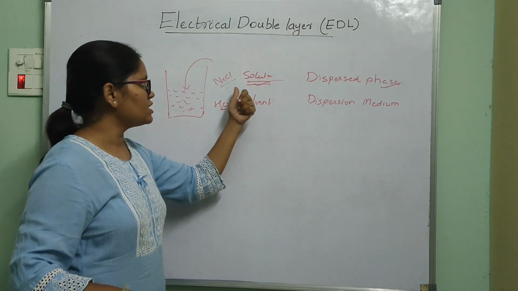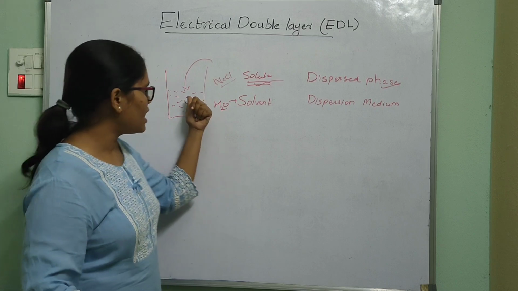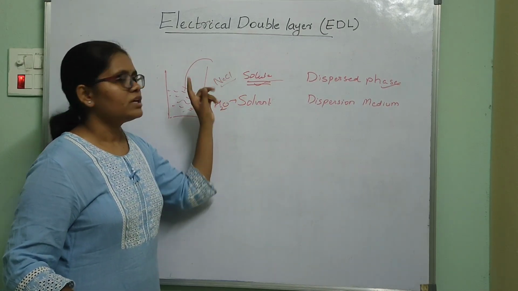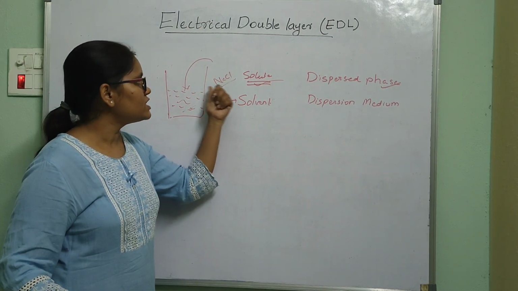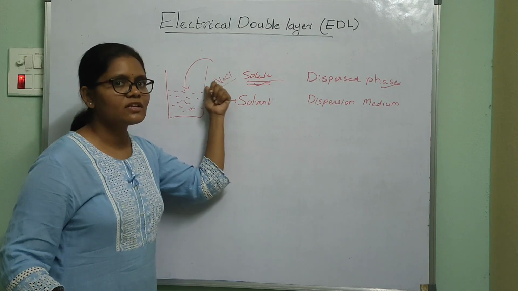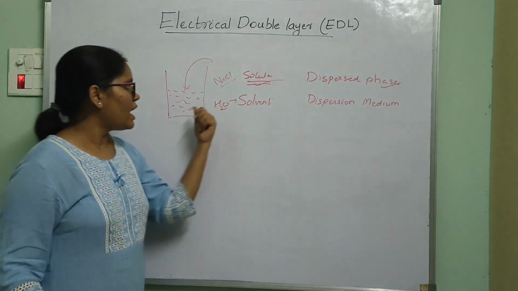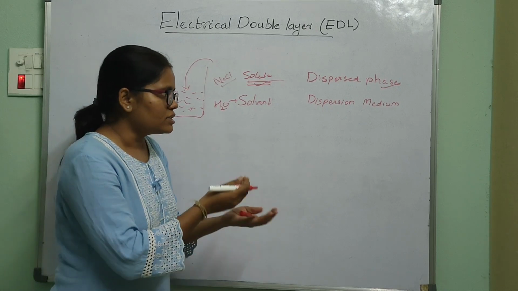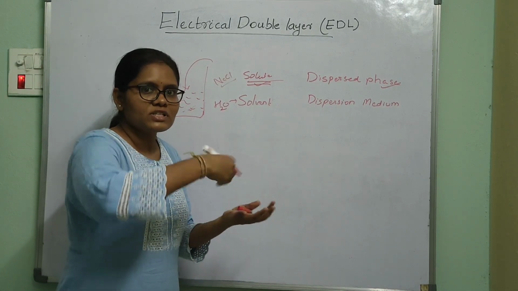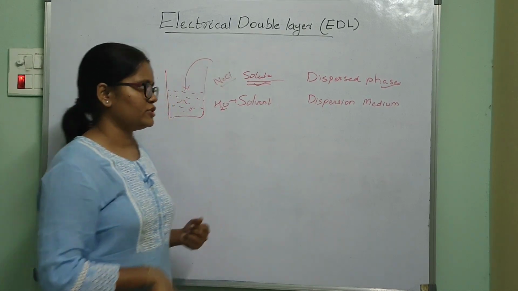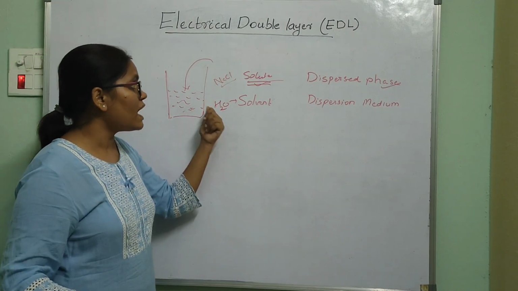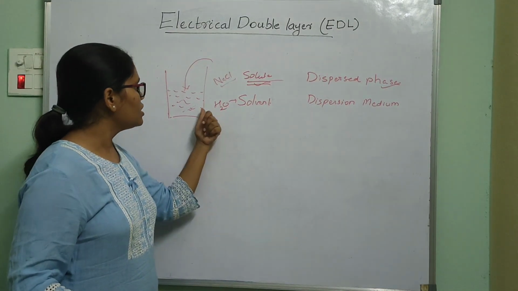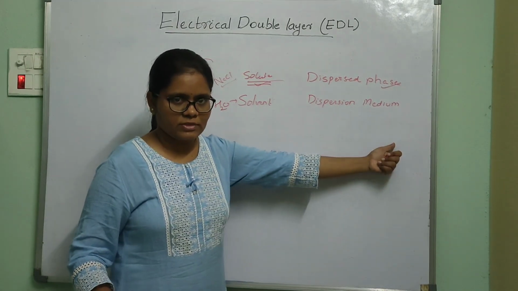So if this had been a colloidal solution, it's not a colloidal solution, but if this had been a colloidal solution, NaCl would be your dispersed phase. And what is dispersion medium? The substance in which you are dispersing your dispersed phase is the dispersion medium. So if this had been a colloidal solution, the water would have been the dispersion medium.